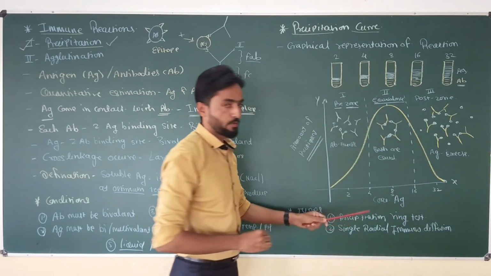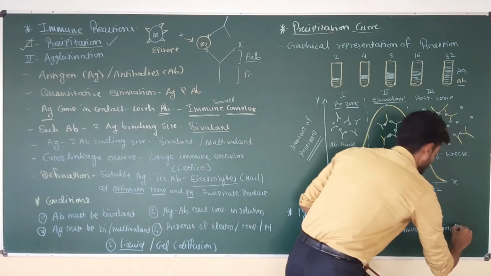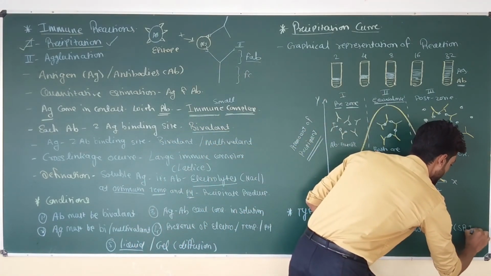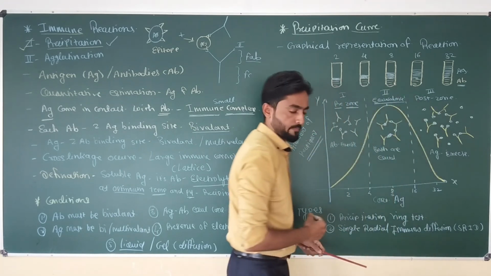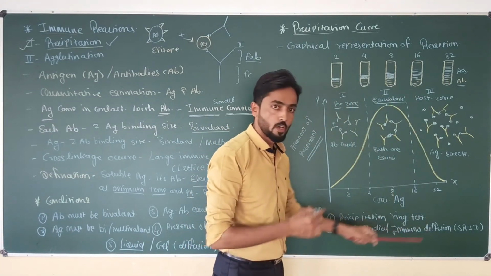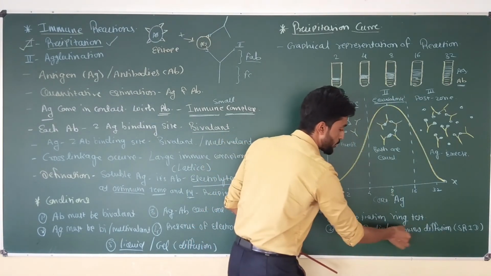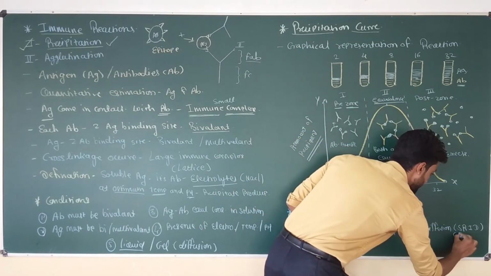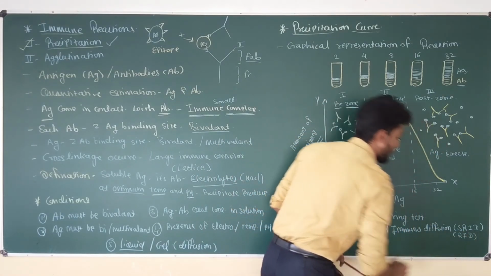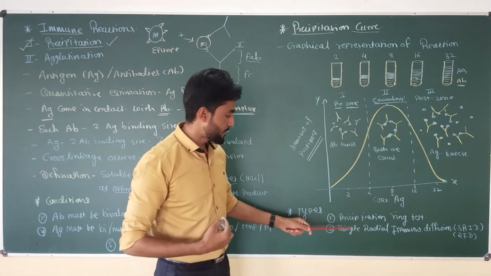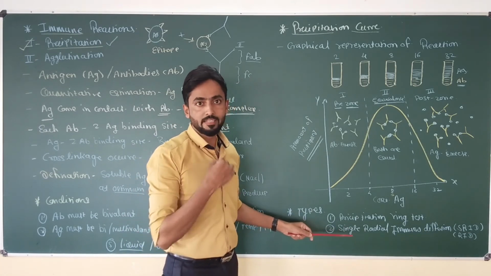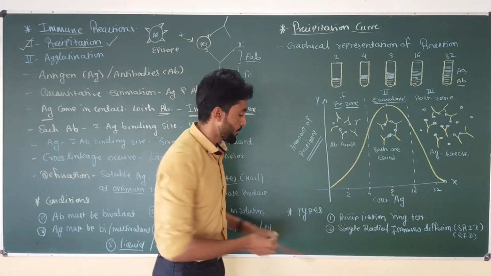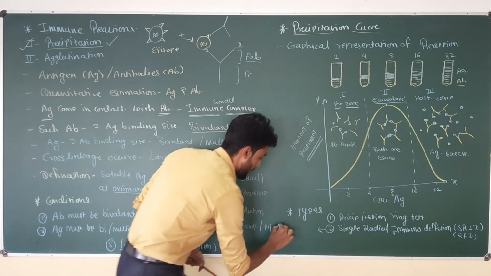This single radial immunodiffusion is also called the SRID test, or radial immunodiffusion, that is RID. Another name of this technique is the Mancini test.